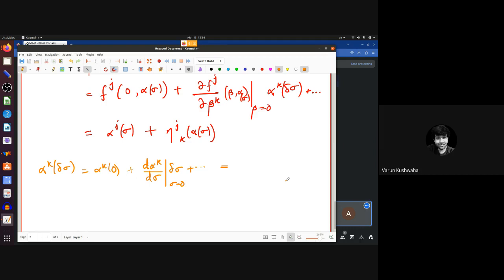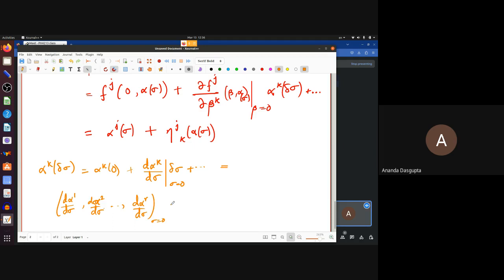No, these numbers, d alpha 1 d sigma, d alpha 2 d sigma, up to d alpha r d sigma, these are numbers. They're numbers because you're evaluating these derivatives at sigma equal to 0.